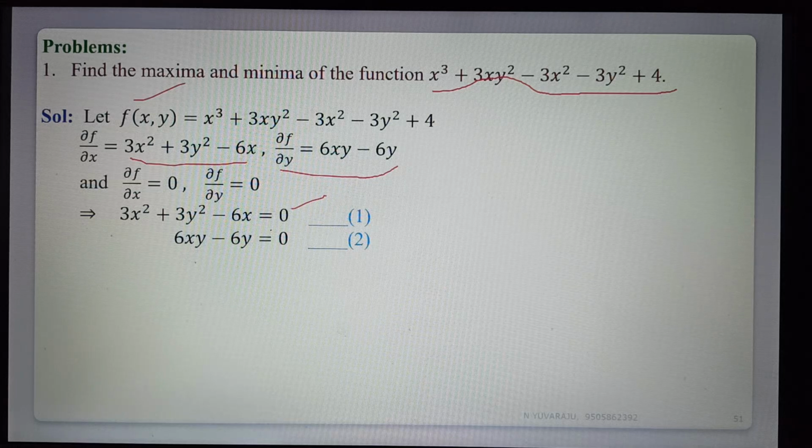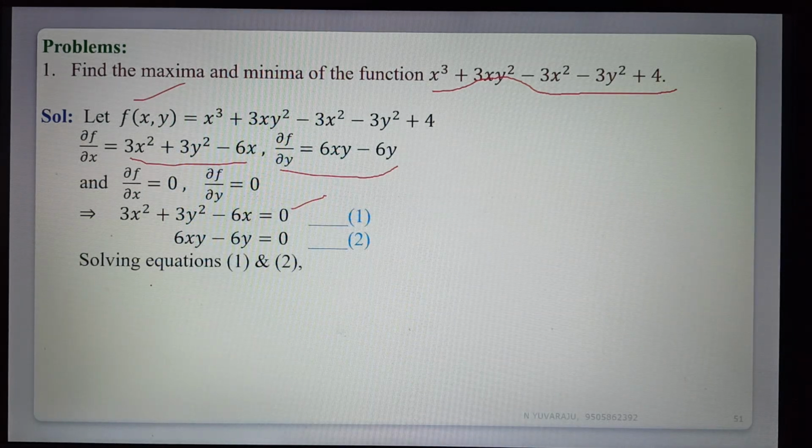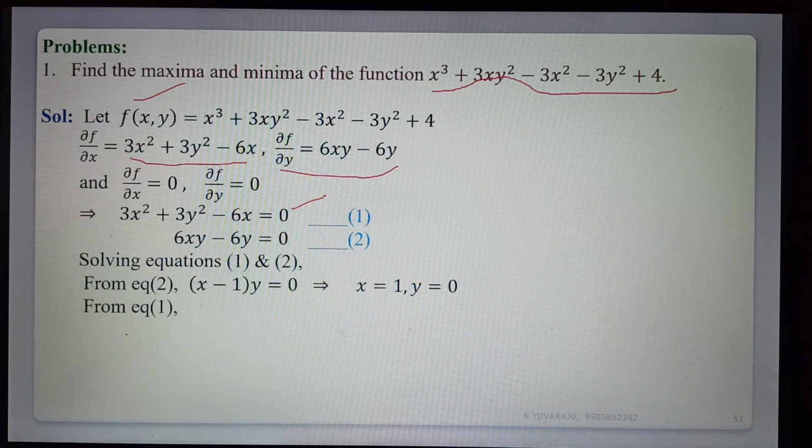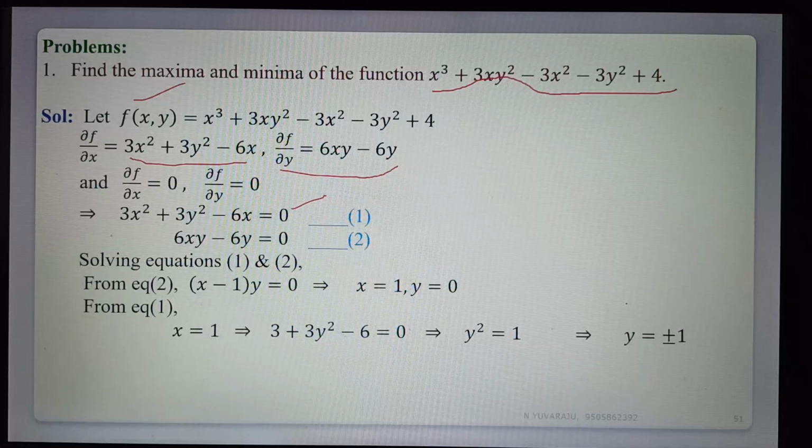Now solving equations 1 and 2. From equation 2, taking 6y common, 6 into x minus 1 into y is equal to 0, so x is equal to 1 or y is equal to 0. Now substituting x is equal to 1 in equation 1: 3 plus 3y square minus 6 is equal to 0, y square is equal to 1, and y is equal to plus or minus 1.